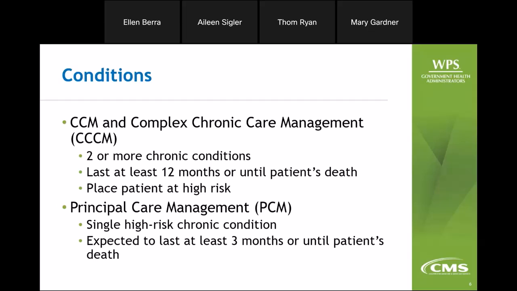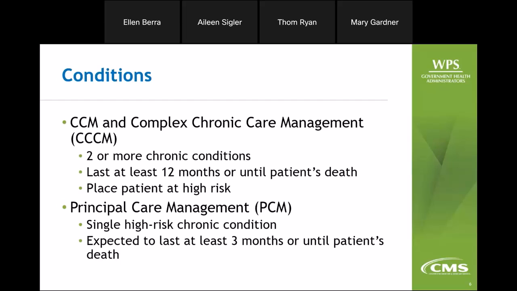So you can see there under CCM, or chronic care management, and complex chronic care management, this is available for patients with 2 or more chronic conditions. Now, the next bullet identifies information about those chronic conditions. They have to last at least 12 months, so either the patient has had it at least 12 months, or it is expected to last at least 12 months, or until the patient's death.